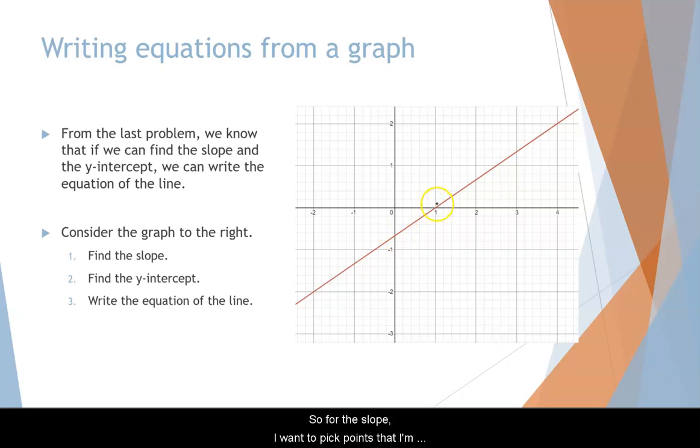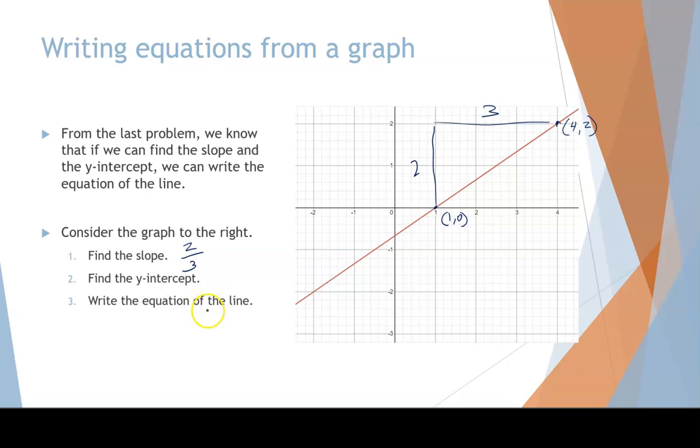So for the slope, I want to pick points that I'm sure of, like (1, 0), and where's another good point? Look up here at (4, 2). So I see that I have a rise of 2 and a run of 3. So our slope is 2/3.